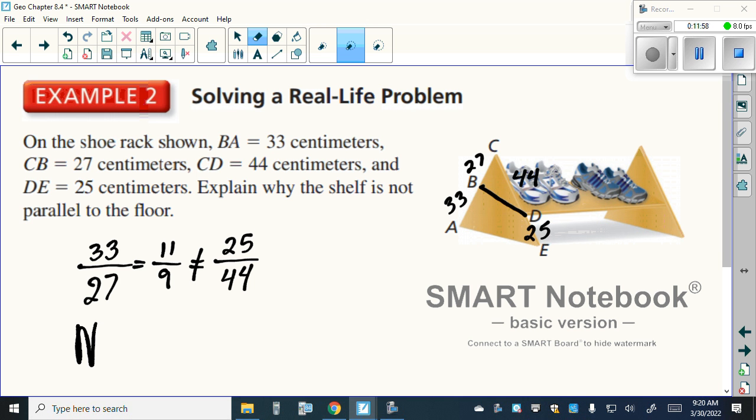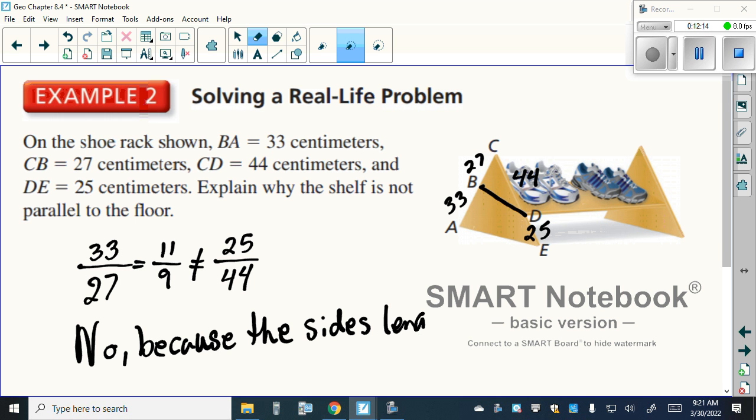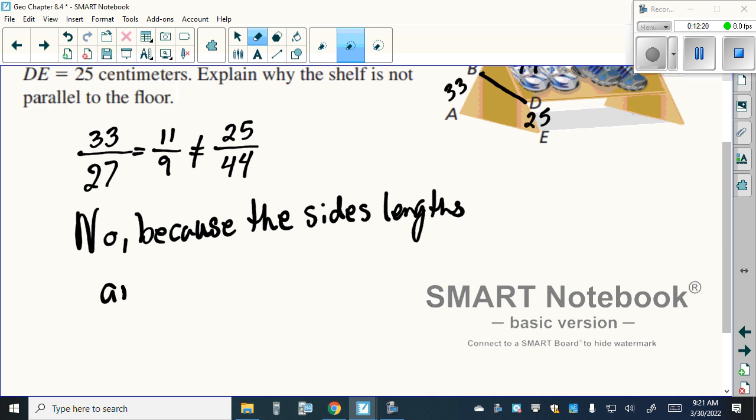No. Side lengths are not proportional. They're not proportional. Because if the side lengths were proportional, then we could say that it's parallel. But here the side lengths are not proportional.